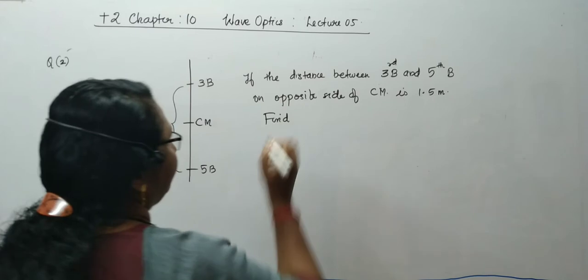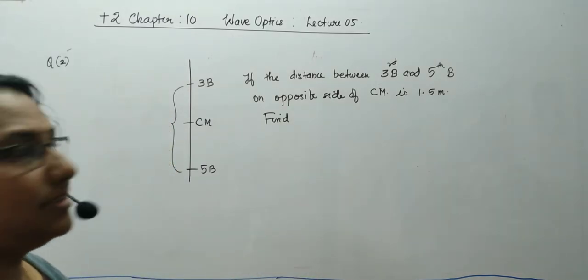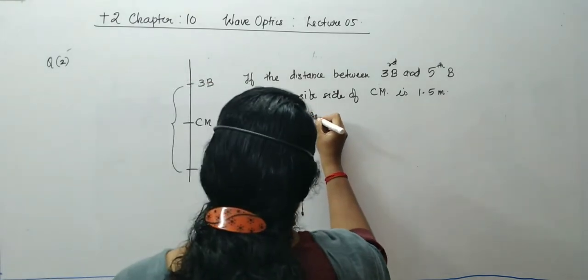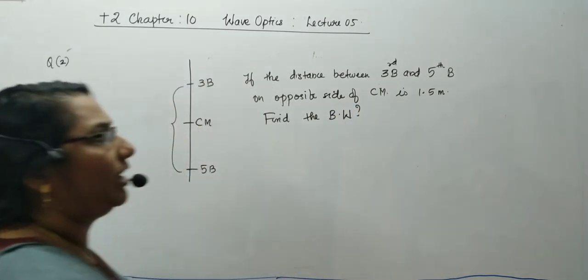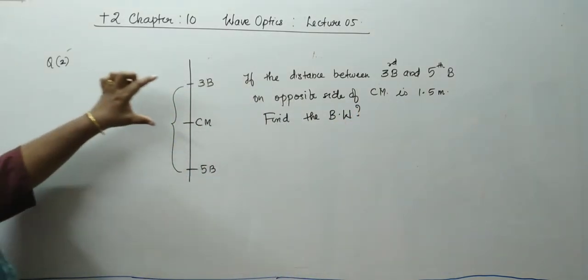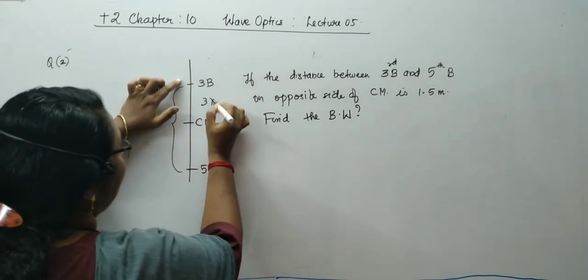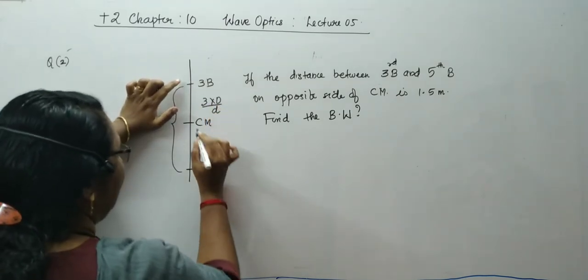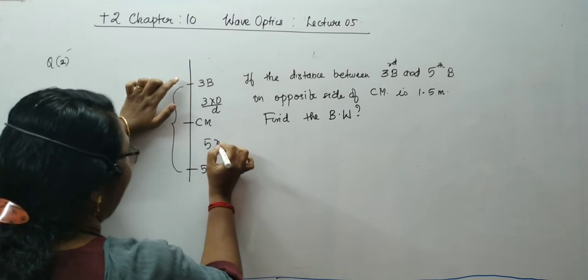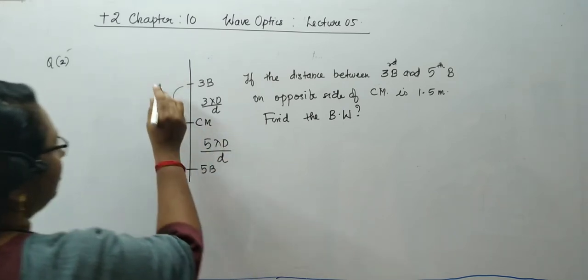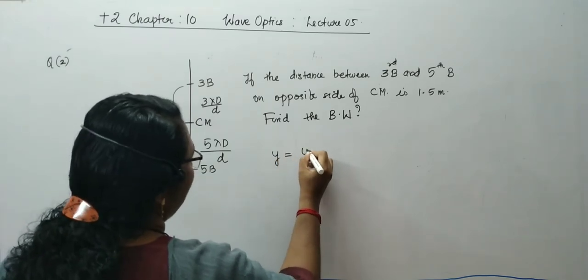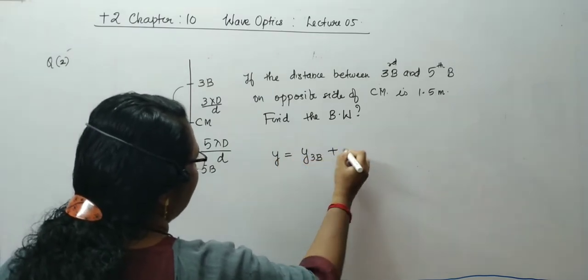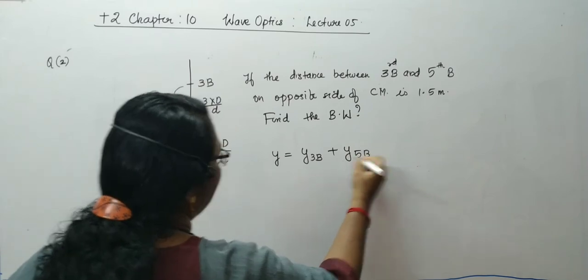Find the bandwidth. How to write? This is 3 lambda D by d. This is on the opposite side, 5 lambda D by d. So the total distance is y of third bright plus y of fifth bright on the opposite side.